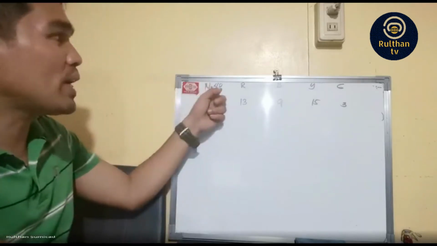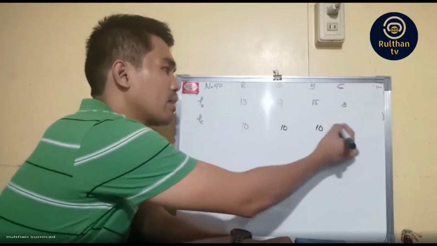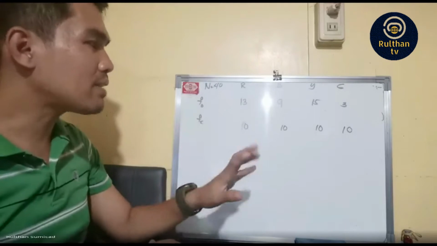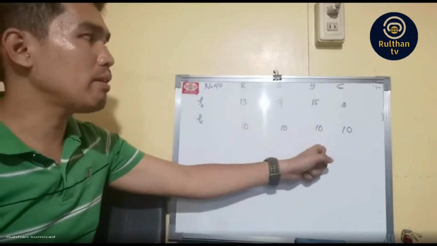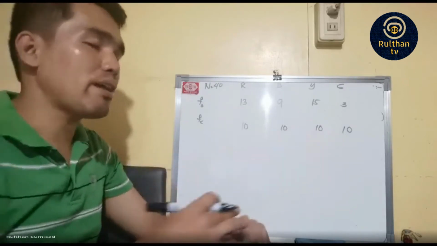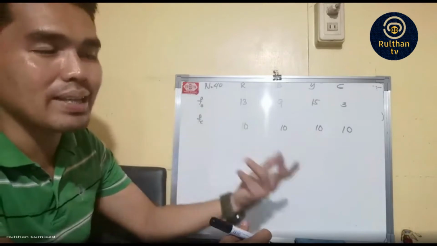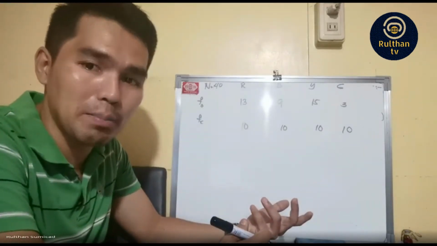So if there are 40, we'll assign 10 per color as expected. Meaning we're expecting that 10 of the toddlers will select red, 10 will select blue, 10 will select yellow, and 10 for green. That is if our null hypothesis states that the toddlers do not have a color preference.